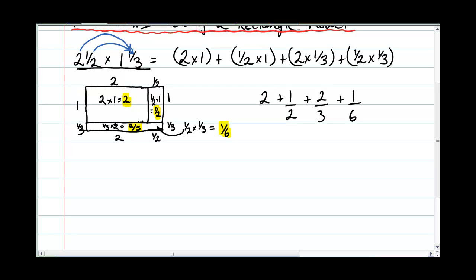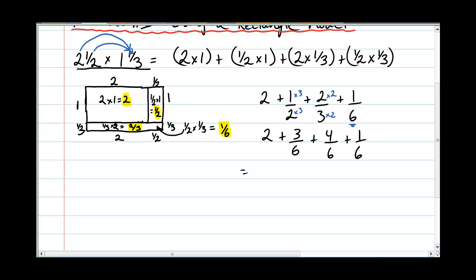In order to add them, the first thing I have to do is find a common denominator. So the common denominator is going to be 6 here. So I can multiply this by 3, multiply the top by 3, multiply this by 2, multiply the top by 2. And when I rewrite my question, I end up with 2 plus 3/6 plus 4/6 plus 1/6.